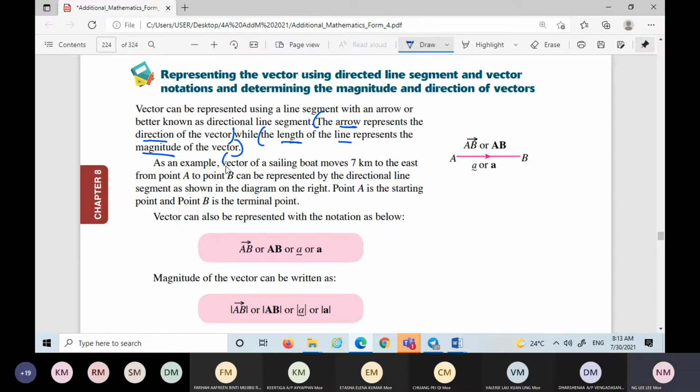So they give this example. A vector of a sailing boat moving 7 kilometers to the east.